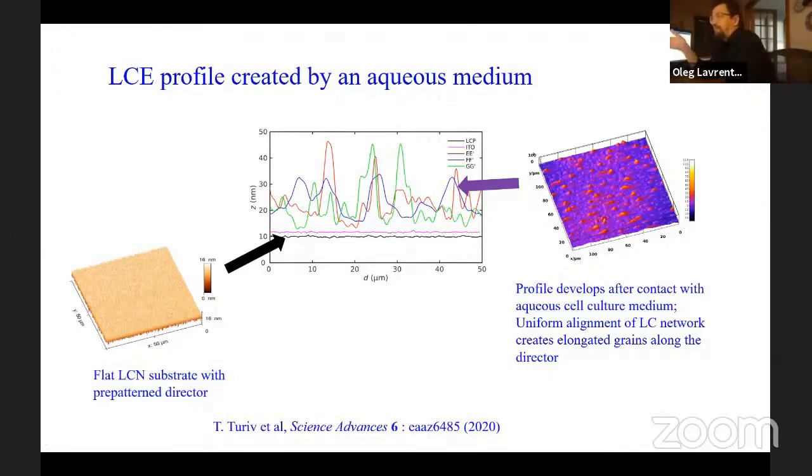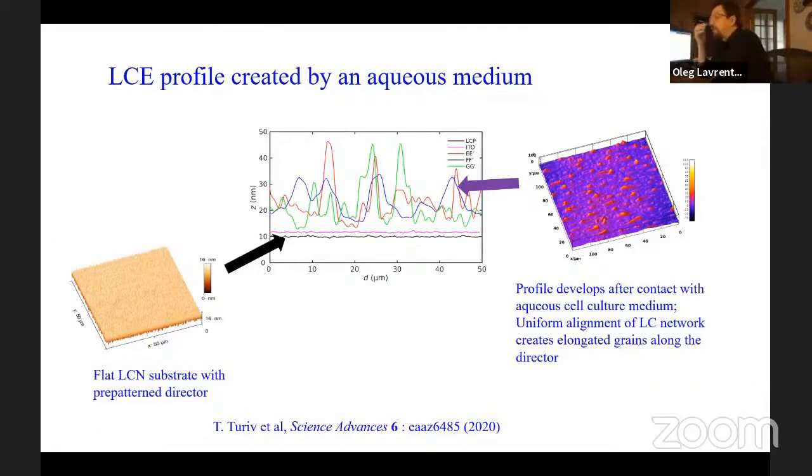All the cells live in water environment, and when we place a culture of the cells in contact with our liquid crystal rubber, what happens is that the layer of dye underneath the liquid crystal elastomer absorbs water and creates a kind of swelling of the elastomer, and this swelling produces little grains of profile. They are not very large. They are a few tenths of micrometers long and only about 50, 60 nanometers in height.